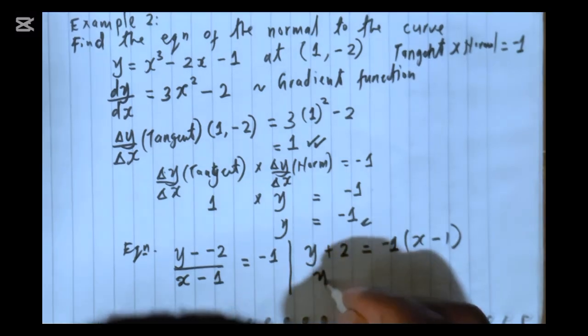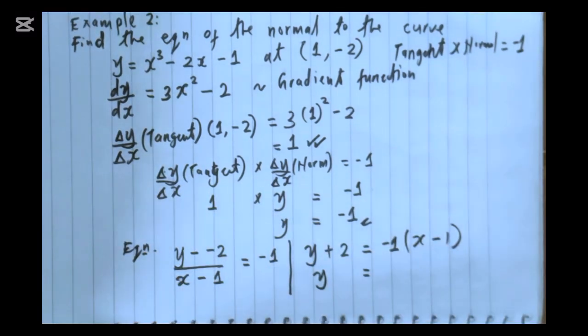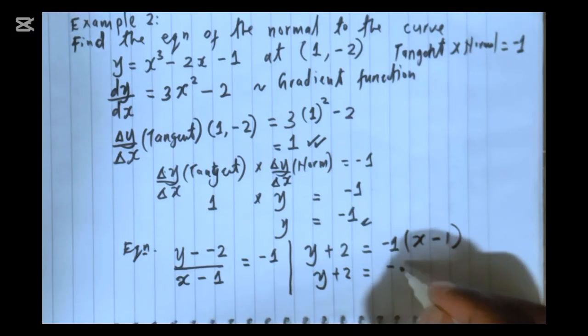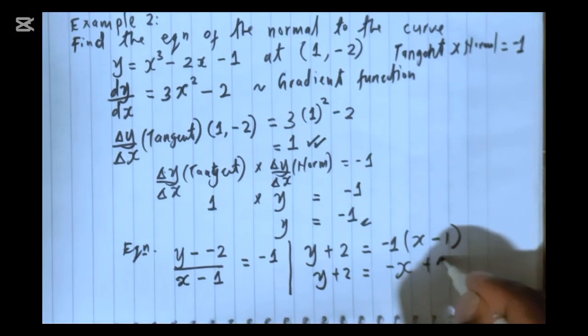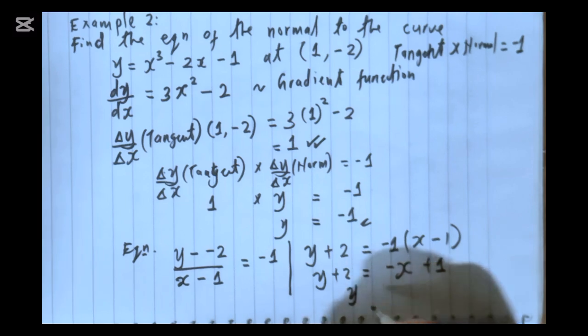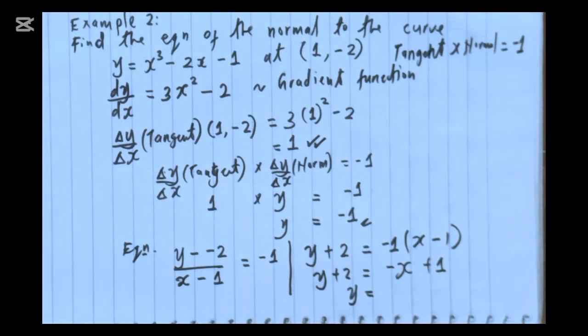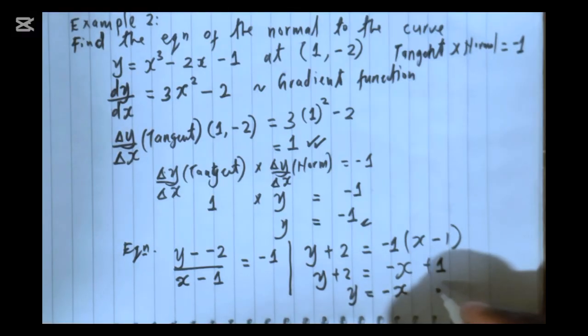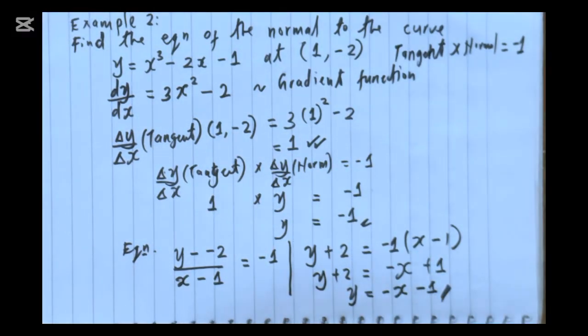And so when you expand this, we're going to have it as -x plus 1. And so when you make y the subject of the formula, we'll find that y is equal to -x minus 1. All right, so -x minus 1. And that actually happens to be the equation of the normal to the curve at the point 1 and -2.